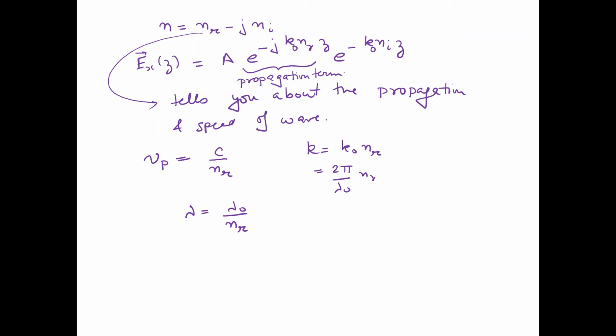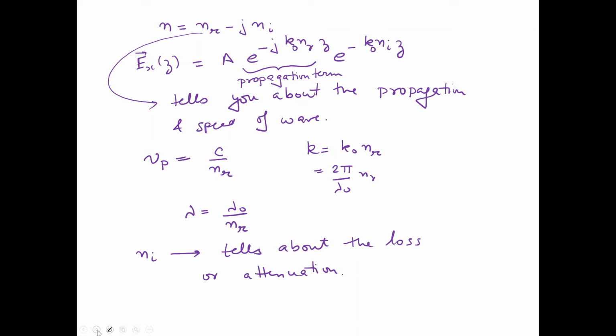And the imaginary part, n_i, tells you about the loss. The word we normally use is attenuation. It tells you how the power is being lost as the wave is traveling forward.